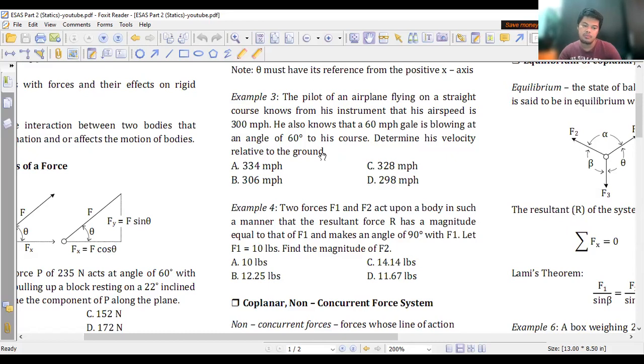Or basically, if someone is on the ground, the relative velocity of the plane to the ground is the one that can be seen. So if you are the one on the ground, what would be the speed of the plane from your perspective? We know that the plane is traveling 300 miles per hour, right? But then there is a strong wind blowing.